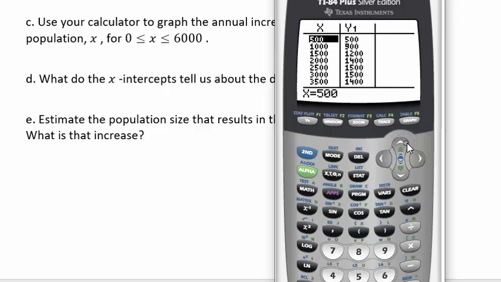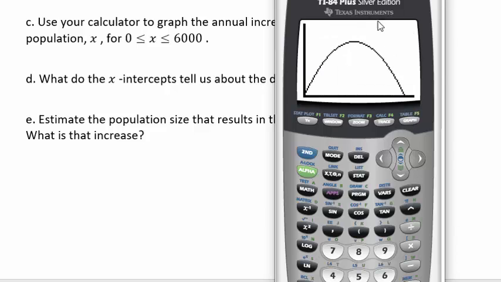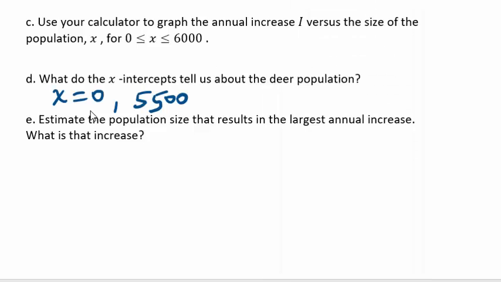And if we look to the left at 0, that's another one. So the x-intercepts are at 0 and 5,500. Remember these are population sizes, so when the population size is 0, the annual increase I is 0, but when the population size is 5,500, the same thing happens. The population won't grow at all.